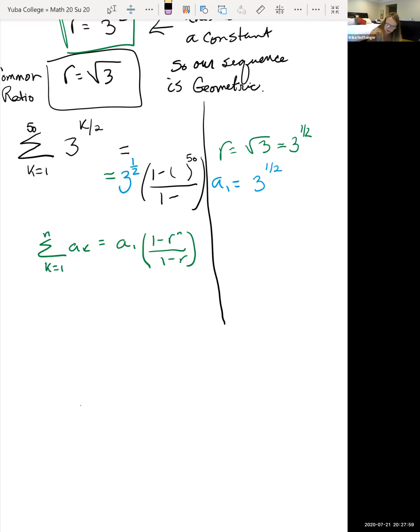And our r, we said, was 3 to the 1/2 power. I guess it really depends on how I would write it, but I'm going to do it now since I said I was going to write it as 3 to the 1/2. So I'm going to move this for a minute.